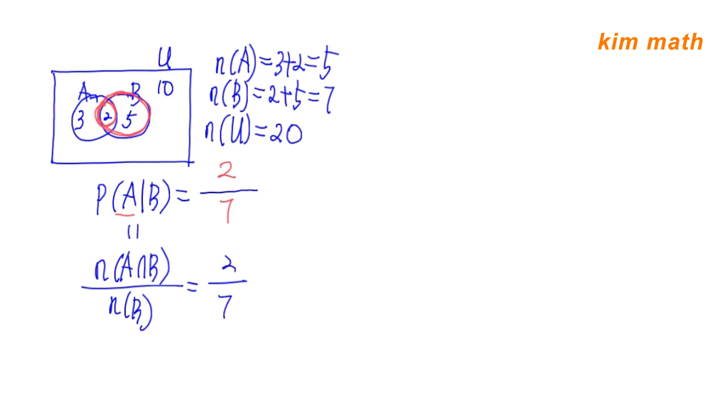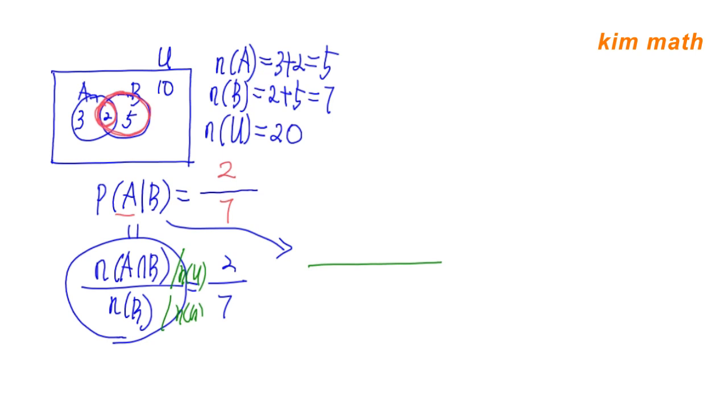And in one more situation, if this expression was not given, then we must use this: n over u divided by n over u, which is the same as the probability of A and B divided by the probability of B, right?